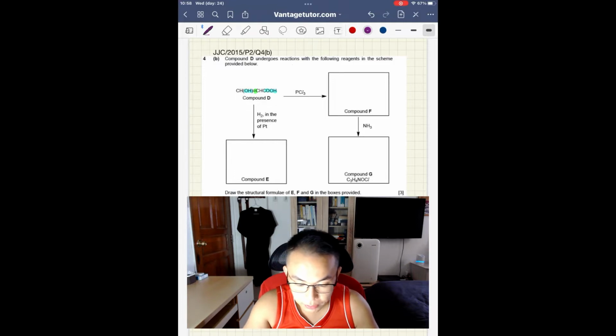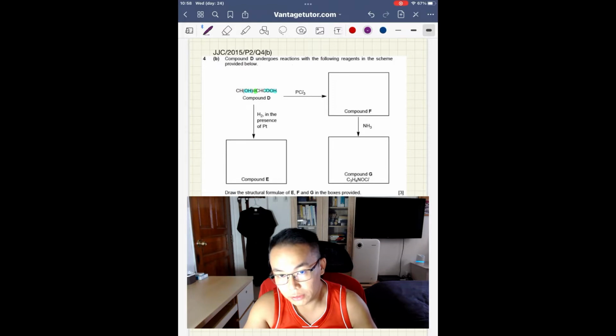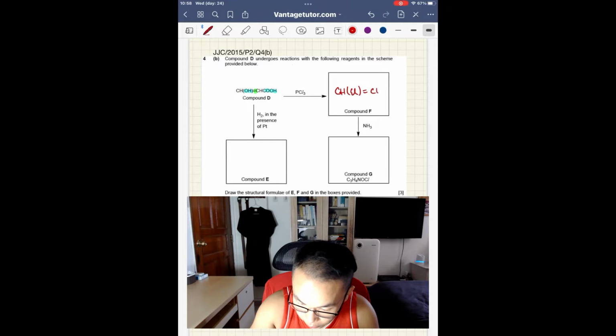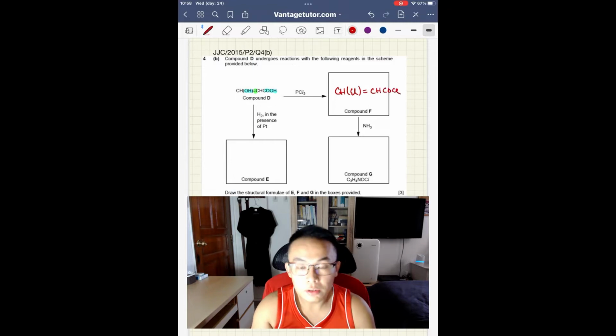I look at PCl3. It's a reagent I'm very sensitive to, because whenever I see PCl3, I think of nucleophilic substitution of an OH leaving group. So my compound, if I have to draw it out, is very simply CHCl=CH-COCl.